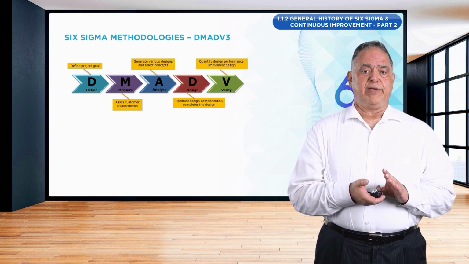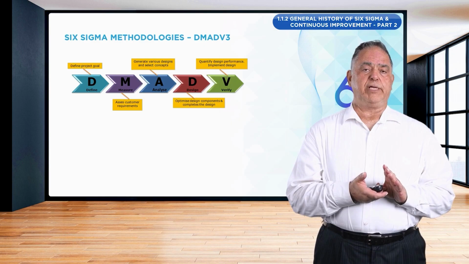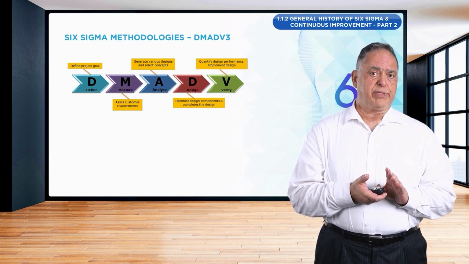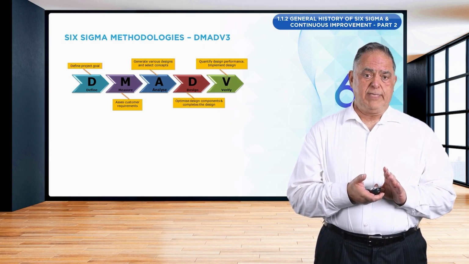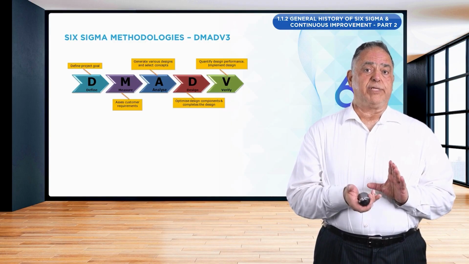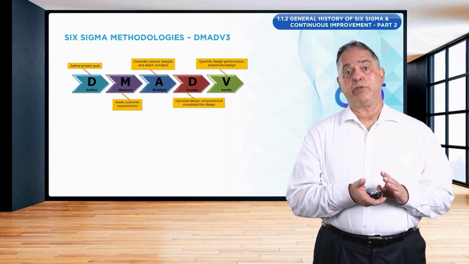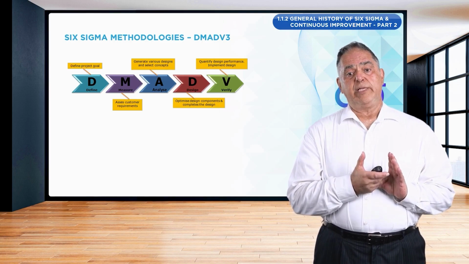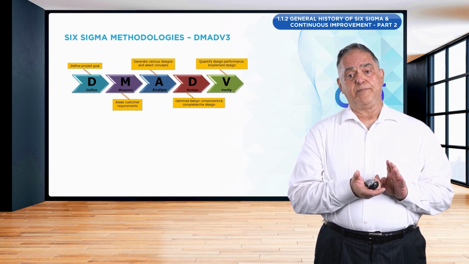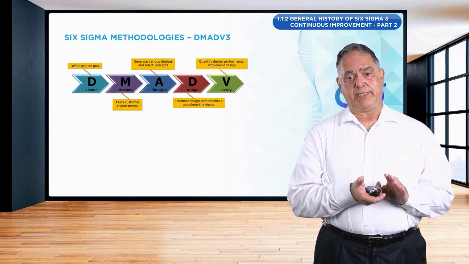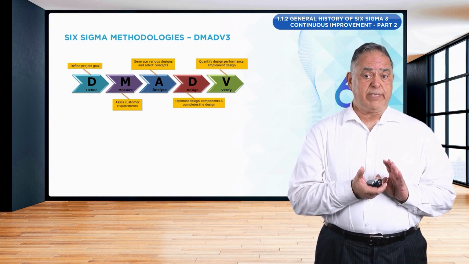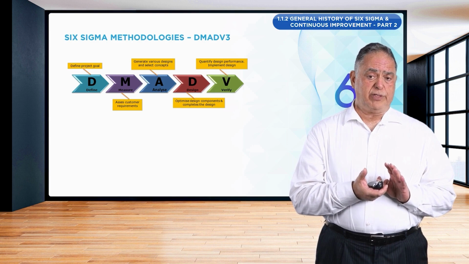During the analyze phase, we generate a number of different designs of the process, product, or service, and we select the concepts associated with these designs. During the design phase, we optimize the design and we complete the design of the process, product, or service.